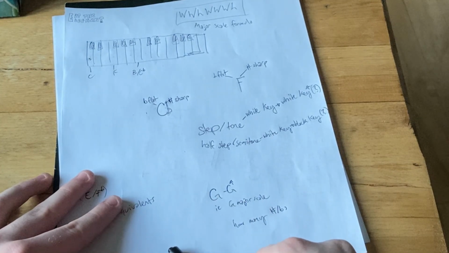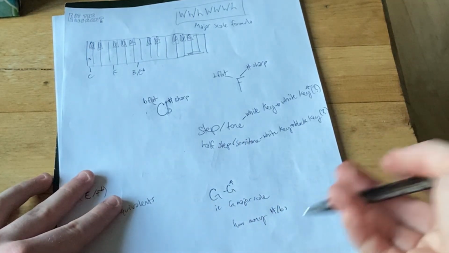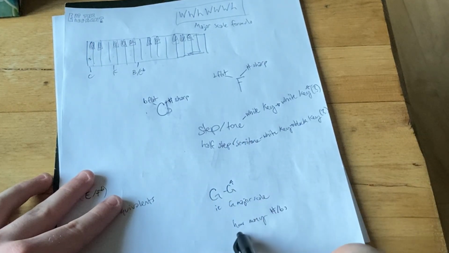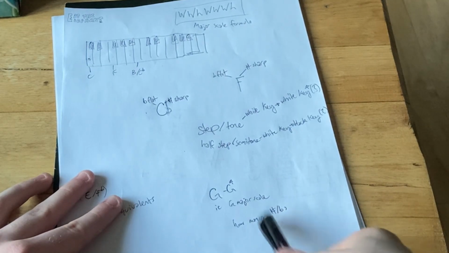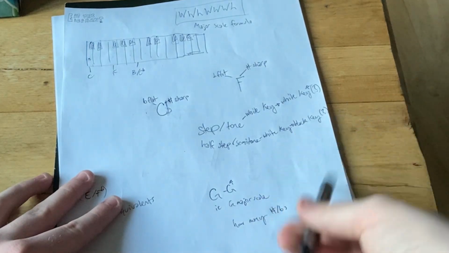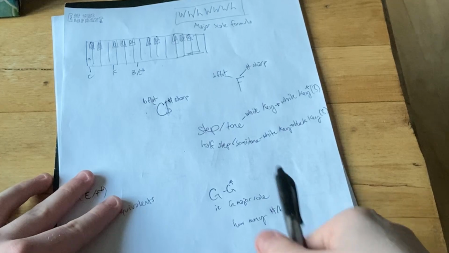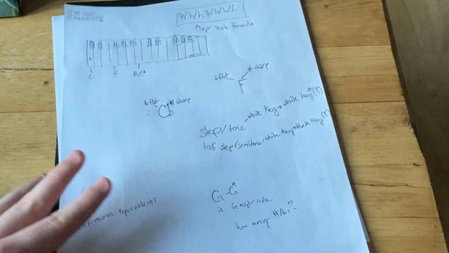So let's say the key of G has 7. It doesn't have 7, but let's say it has 7 sharps. They're all sharps, or 7 accidentals, I should say. They're all sharps or flats. They could have 7 flats, then it would be all flats. So how many sharps or flats does G have in it?